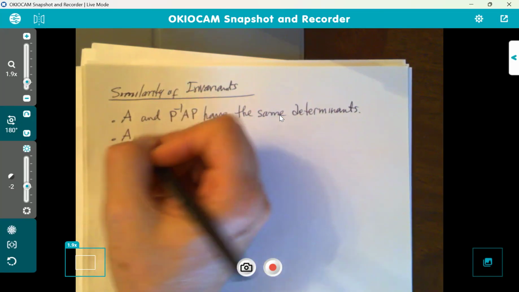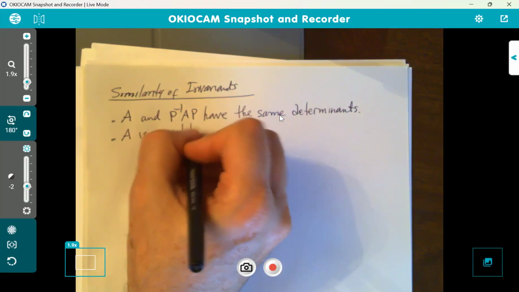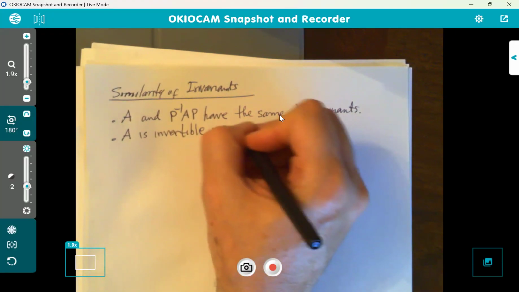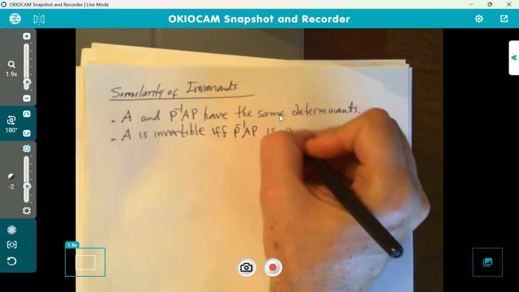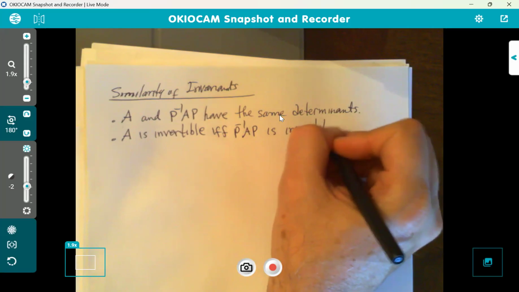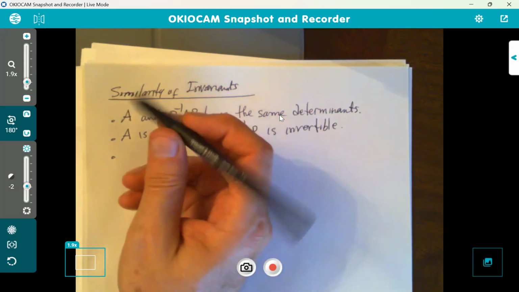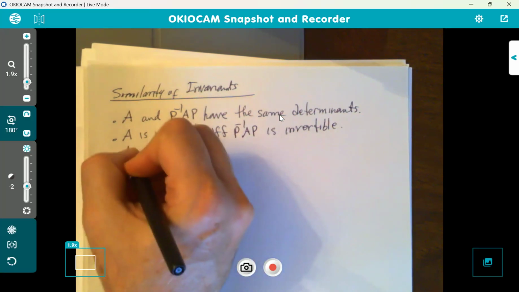This matrix A is invertible if and only if the diagonalized version, the similar matrix to it, is invertible. So pretty much they're going to share a lot of common attributes, but one attribute is not going to be common. So let's keep going.